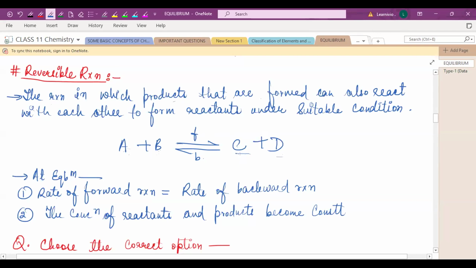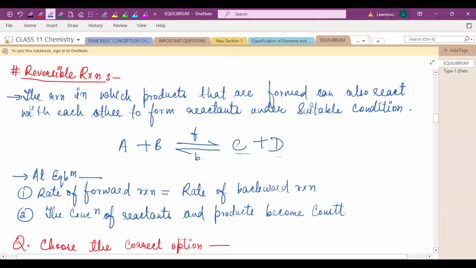Now, what happens? This C plus D again has the capability. These products can react with each other under suitable condition, and they can again dissociate, or some reaction will proceed over here, and they can also form A plus B. This reaction will be the backward reaction.